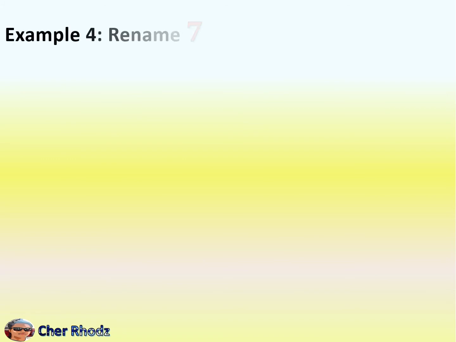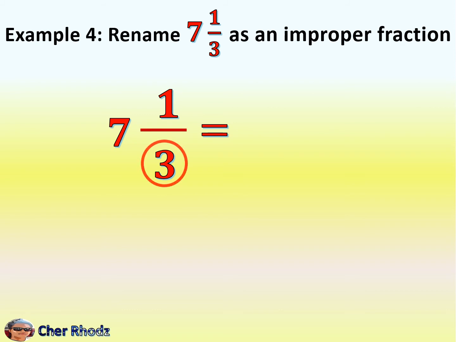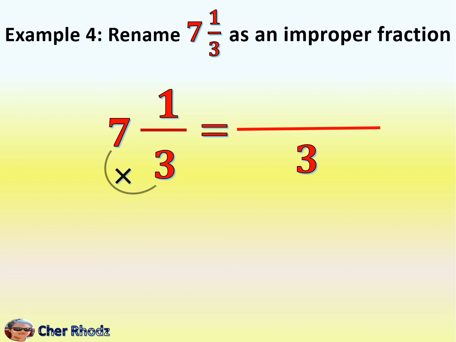Example number 4. Rename 7 and 1/3 as an improper fraction. In renaming 7 and 1/3 to its equivalent improper fraction, let's copy the denominator, which is 3, as our new denominator. Now, we are tasked to find our new numerator. First, we are going to multiply the denominator by the whole number.